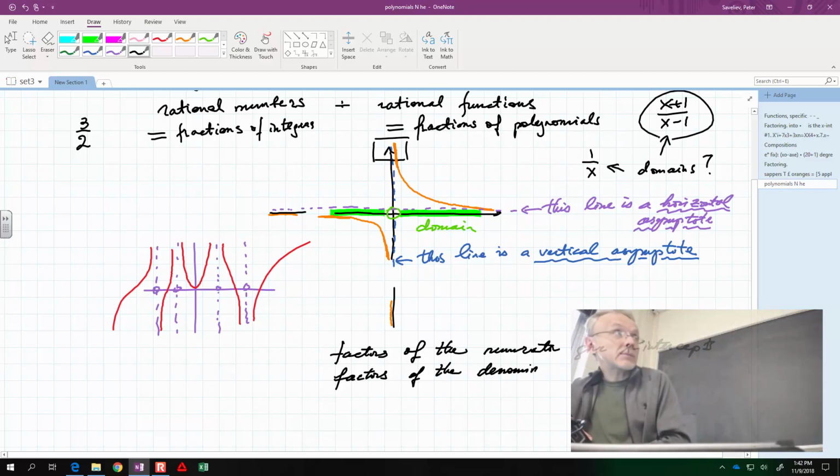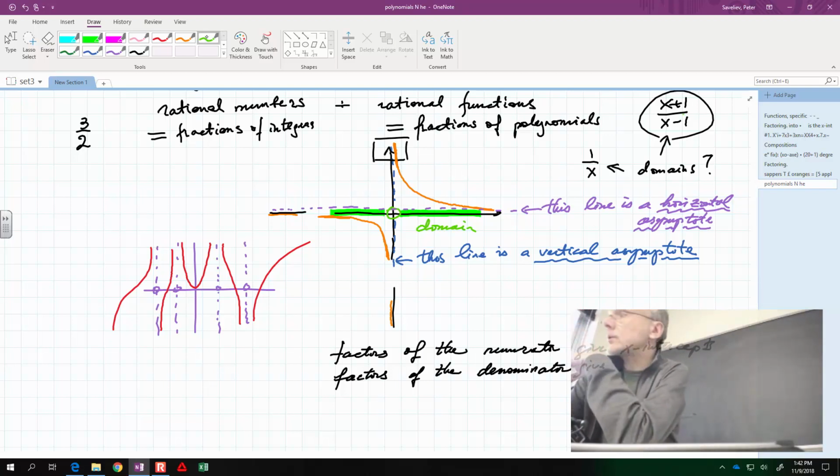Imagine that this x minus 1 is my denominator. So it is already its own factor. Okay, so what does it give us? x minus 1, what's the importance of x minus 1?